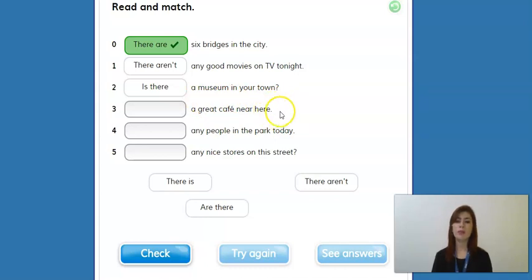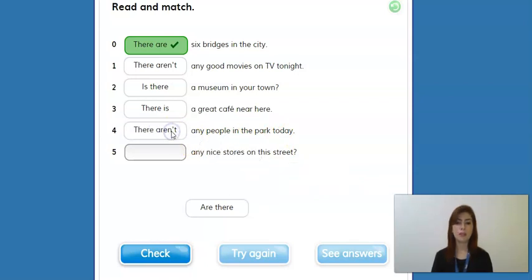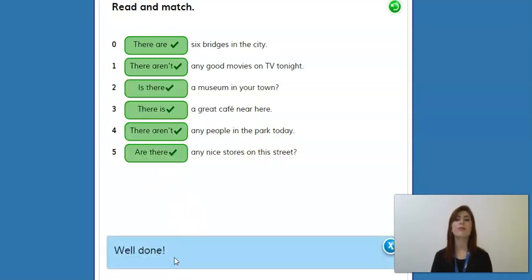So we have a positive sentence, and then cafe is in the singular form. So there is. Then we have any people in the park today. Well, so there aren't. And finally, any nice stores on this street. All right, let's check. Very well, that's it.